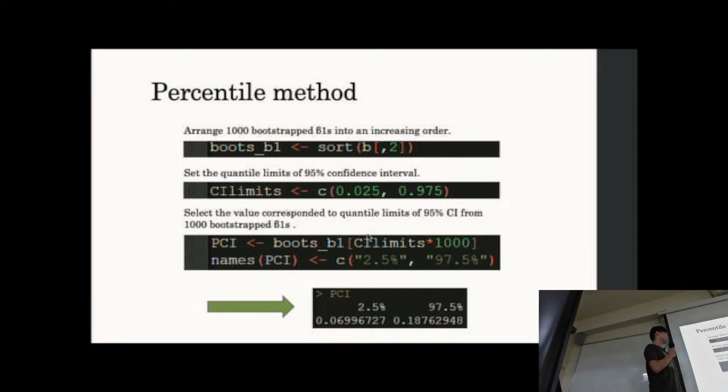I select the value corresponding to these quantile limits, so I select the 25th and 975th value from the arranged 1,000 bootstrap beta 1s, and the values are 0.0699 blah blah blah to 0.1876 blah blah blah.